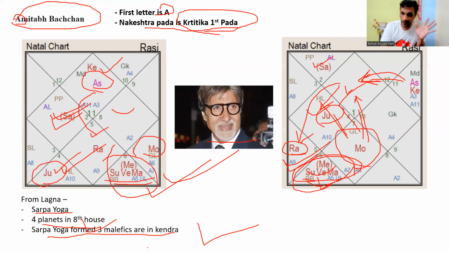And if we are looking at the life of Amitabh Bachchan, he had a time when he was bankrupt. Okay, bankrupt, but he was able to nullify that over a period of time. I mean to say, around 2000, he did not have a single pie of money. Okay, but he was able to overcome that. That is the power of this Nama Rashi.